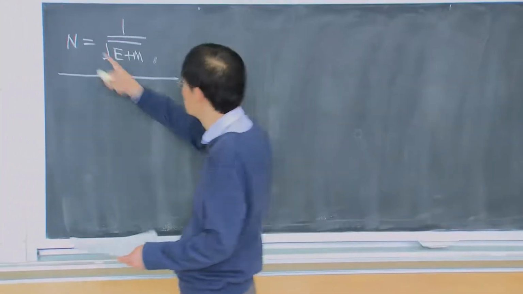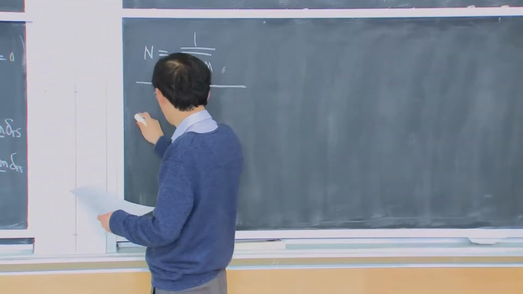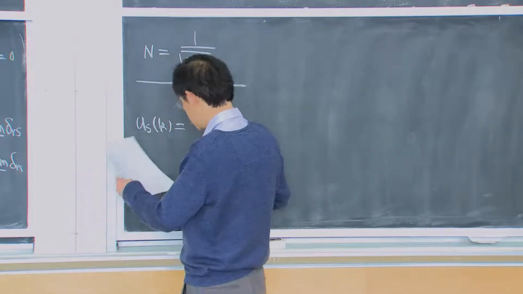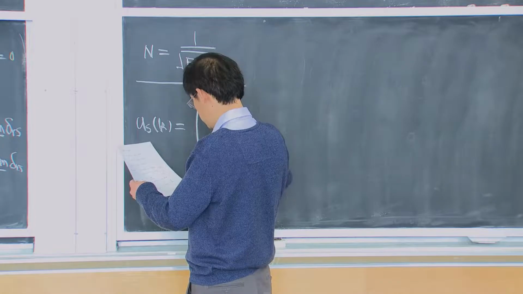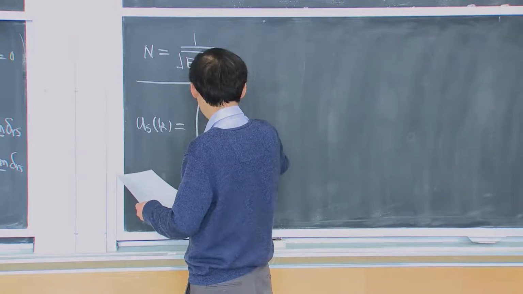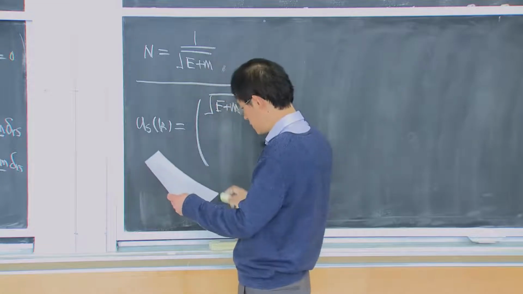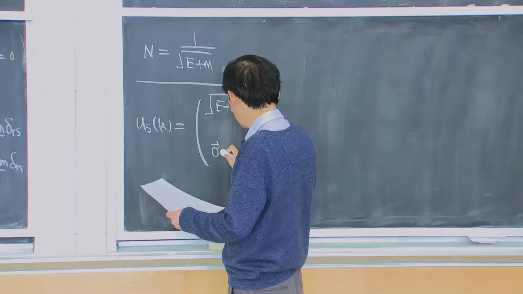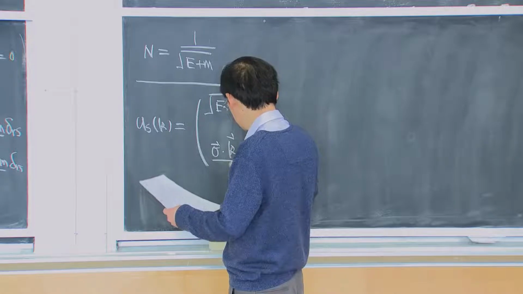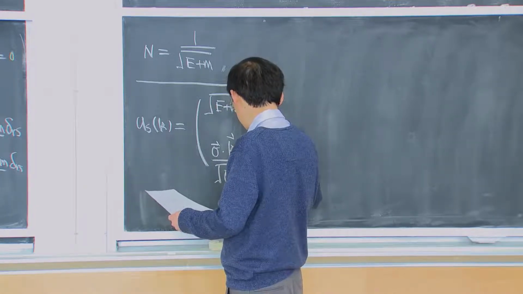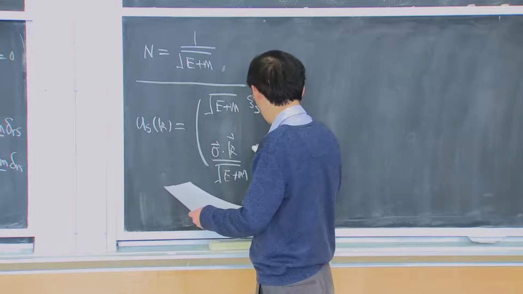In that basis, U_s(K) is given by square root of E plus m psi_s, and sigma dot K divided by square root of E plus m psi_s.